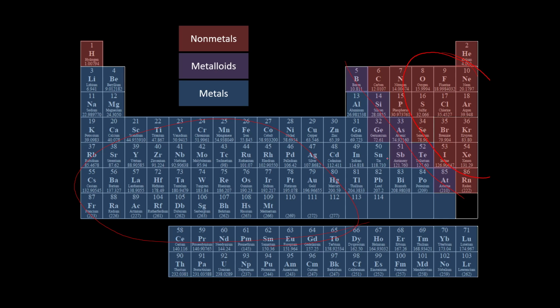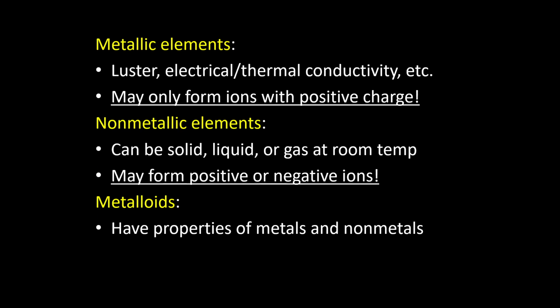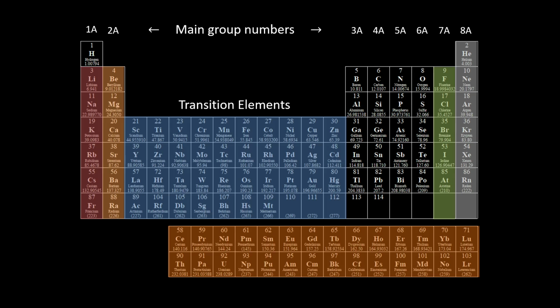I won't pick something right on the line, like, is antimony a metal or a metalloid or a nonmetal? I won't ask questions like that because most periodic tables don't have them labeled like this, and I don't expect you to have those memorized, other than just knowing that the metals are in the bottom left, the nonmetals are in the top right, and the metalloids are in between. That is the extent of it.